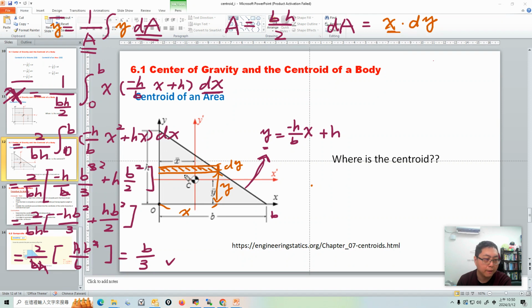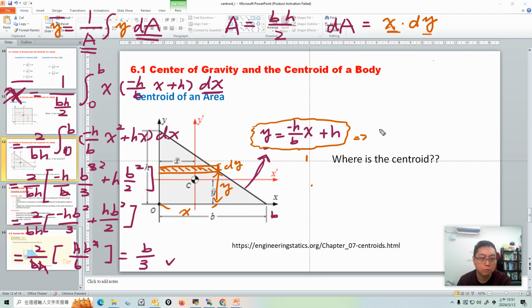So we need to try to find a relation between x with respect to y, and that's why we need this equation again. This tells you the relationship between x and y. Right now we are doing the integration in the y direction, so we need the change of x with respect to the y-axis. So we have to make a little change.